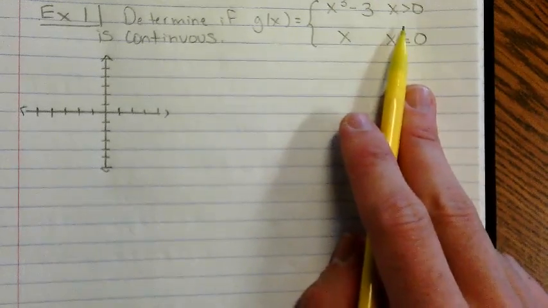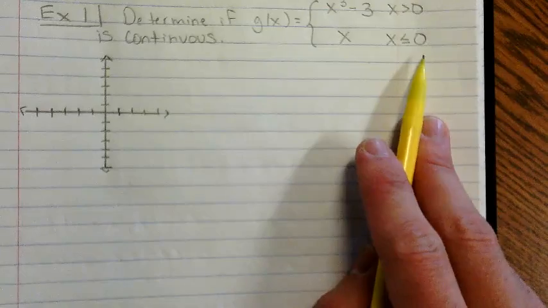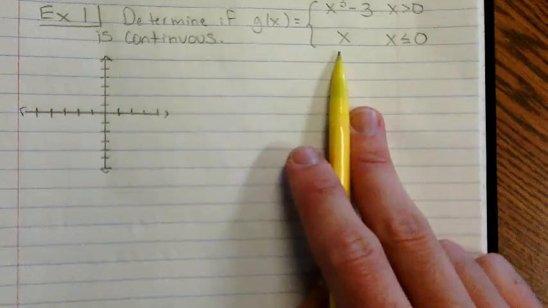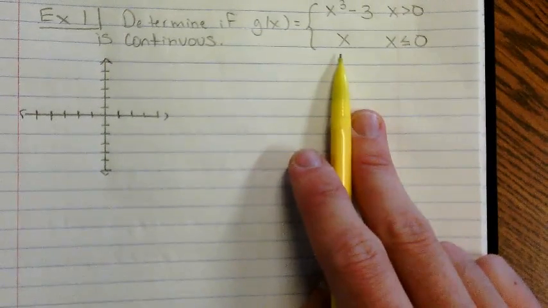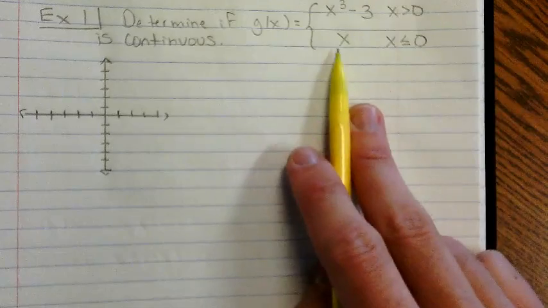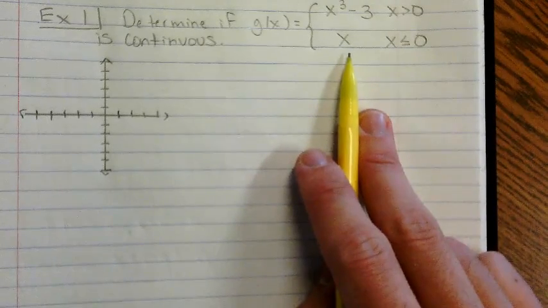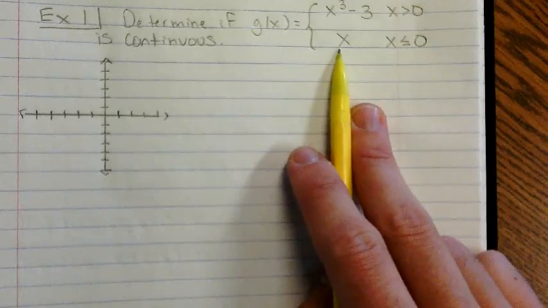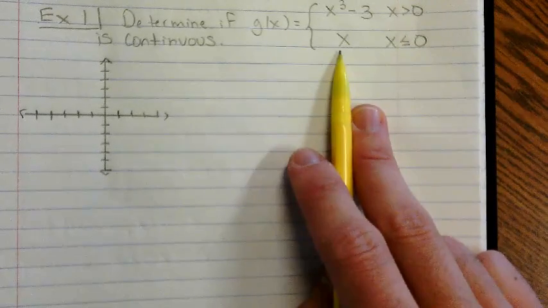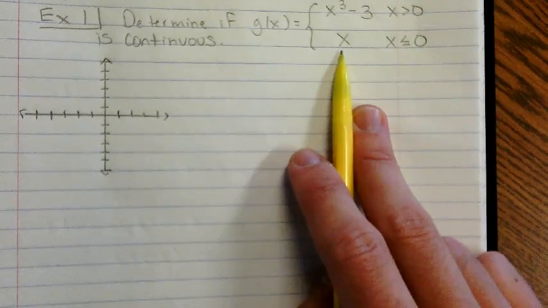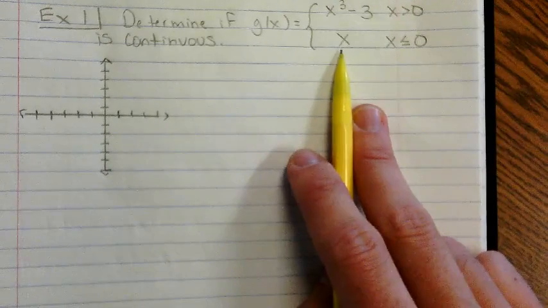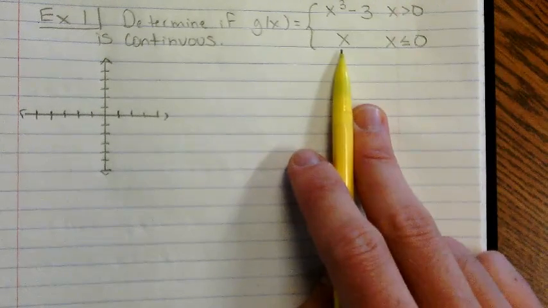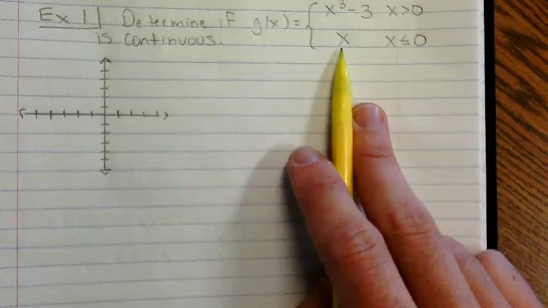What kind of function is this? Yep, linear. It's a linear function. It's got a slope of 1, got a y-intercept of 0.